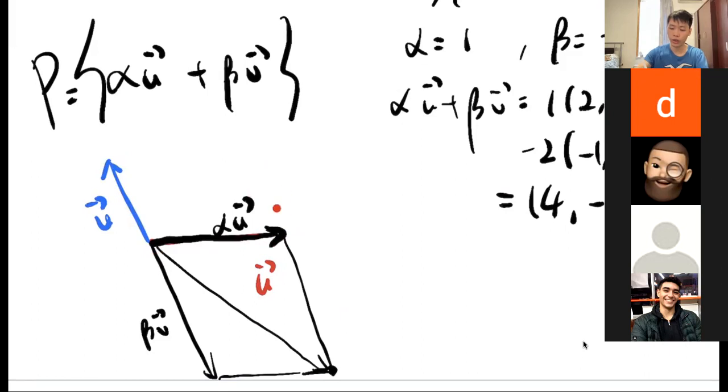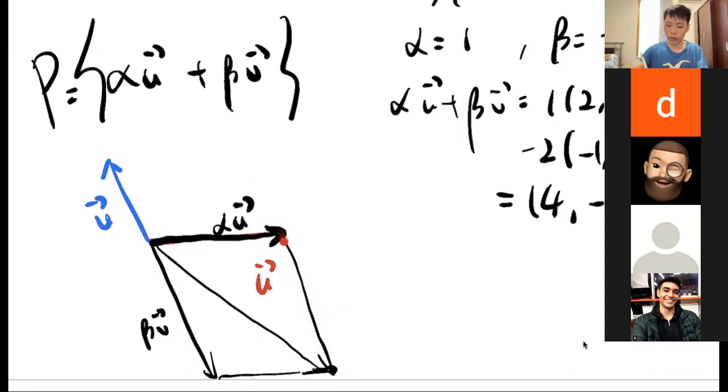You stretch the edges down twice, and this is the new parallelogram, alpha u plus beta v. And then you can do that for any alpha and any beta.